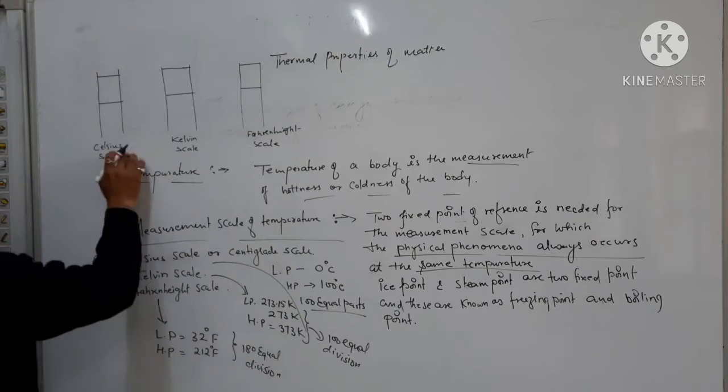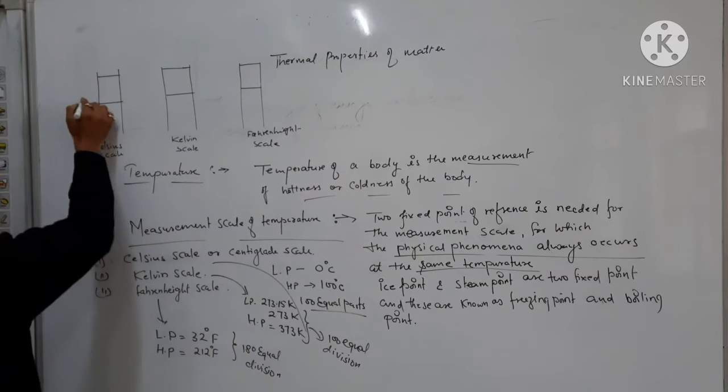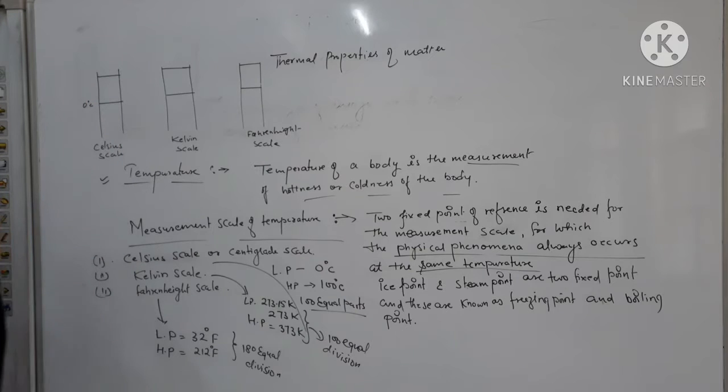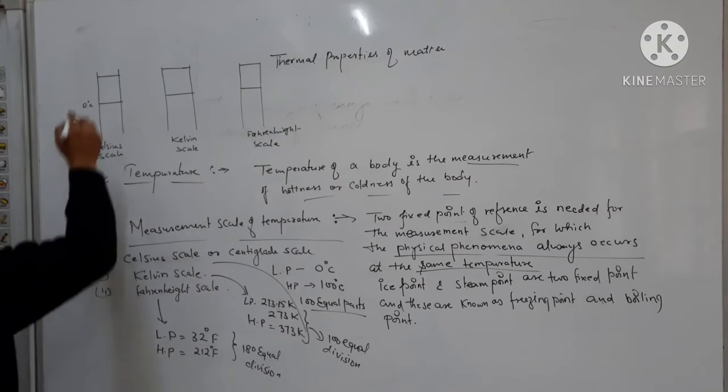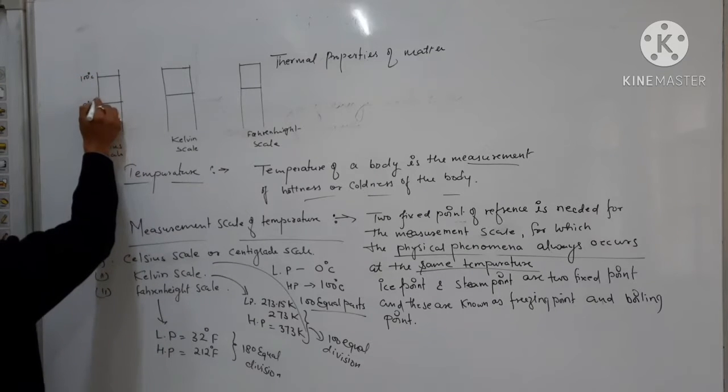Now see, as I have written here, 0 degree Celsius is the freezing point for the Celsius scale, and 100 degree Celsius is the highest, and in between them 100 equal divisions are there.